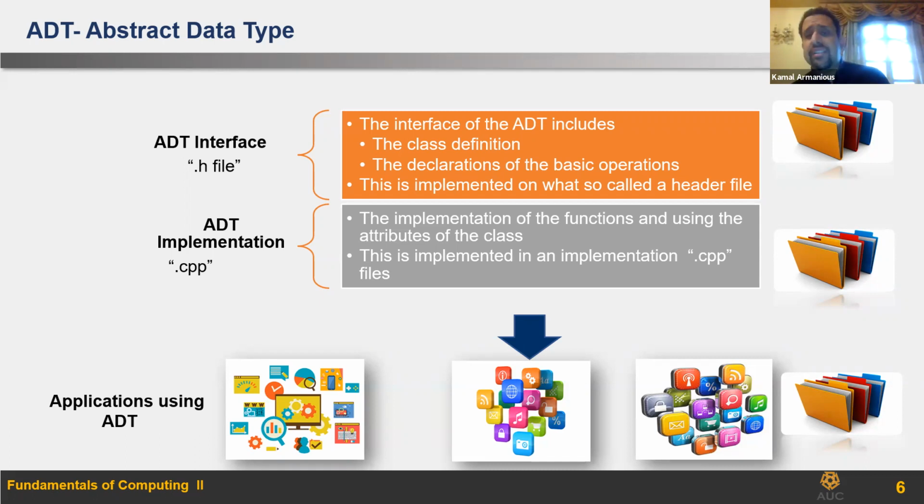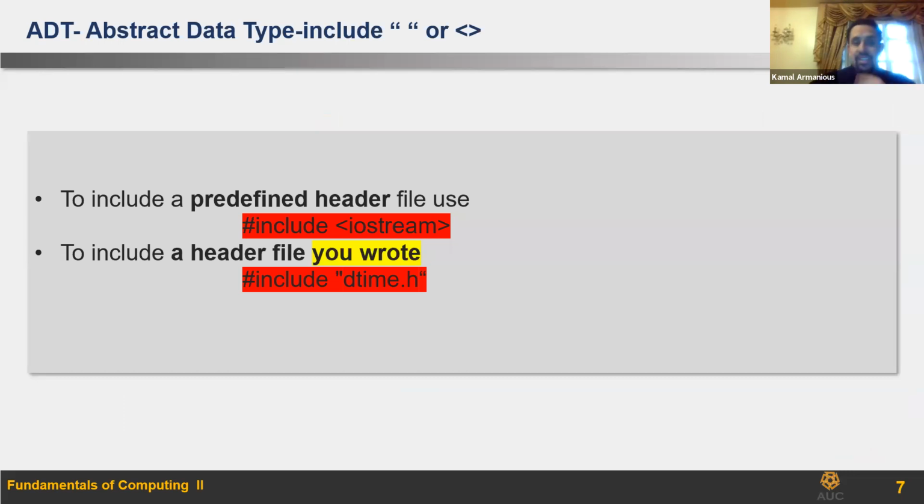It doesn't provide anything about the implementation of the function. Then the implementation will be in a CPP file. Then the application will be in another CPP file. So you all know this part.